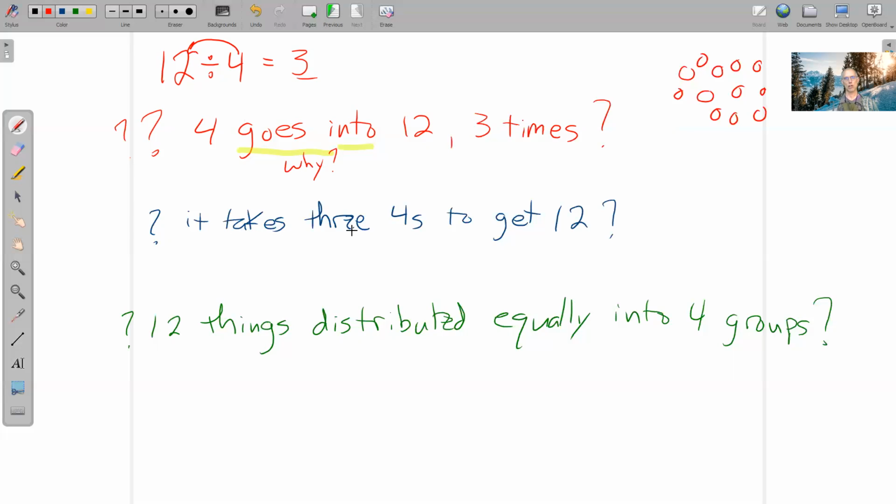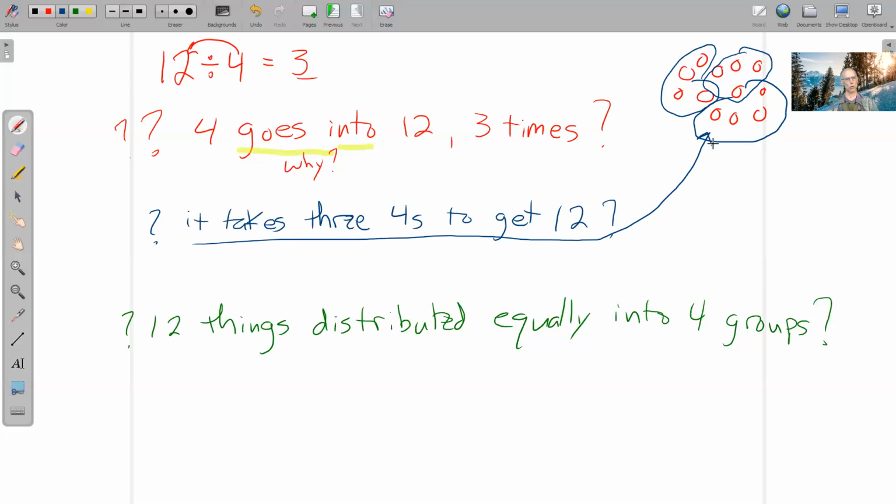It takes 3 4s. Okay, so here's a 4. Here's another 4. And here's another 4. Yeah, so this one here is telling me to look for 4s, I think, unless I'm misinterpreting anyone.